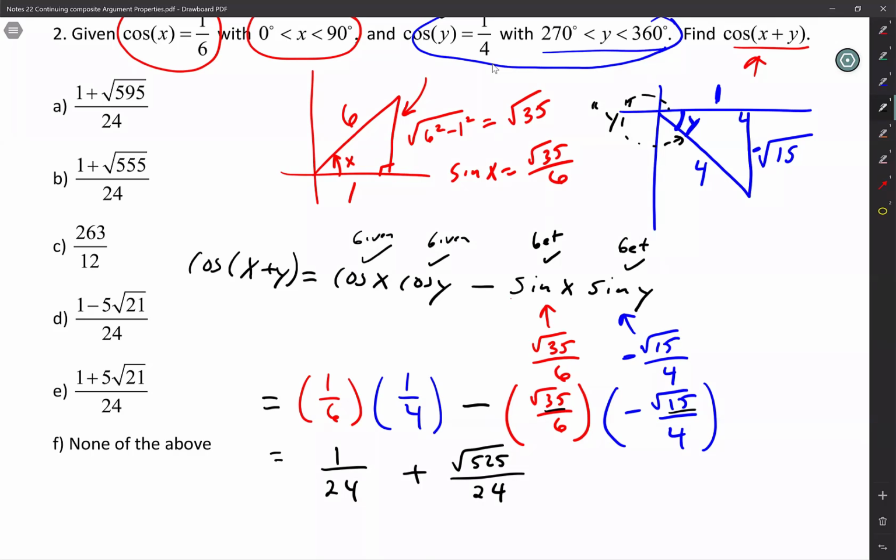Okay. So what is square root of 525? If you have a CAS calculator, I'll give it to you. We'll figure it out right now. If you don't, relax. 25 times something is 525. How do I know that? Because if you have a quarter, how many quarters does it take to get $5.25? 4, 8, 12, 16, 20.